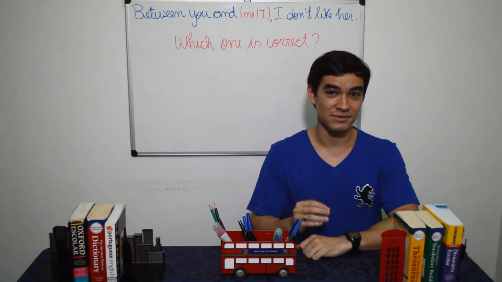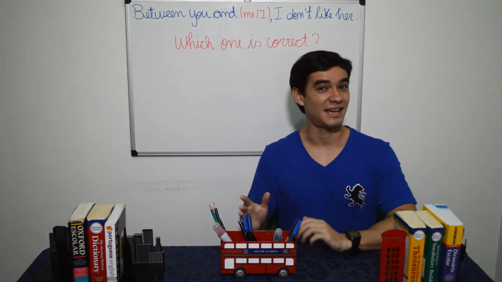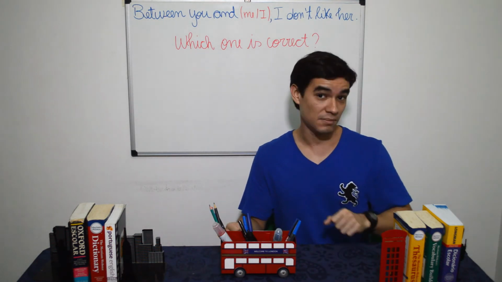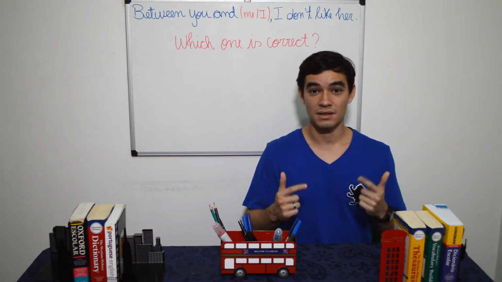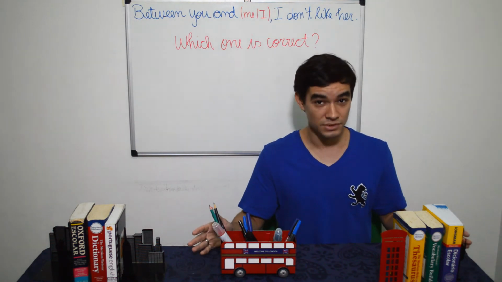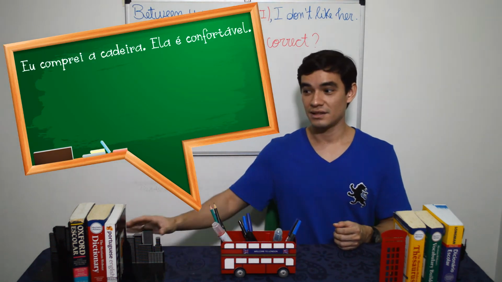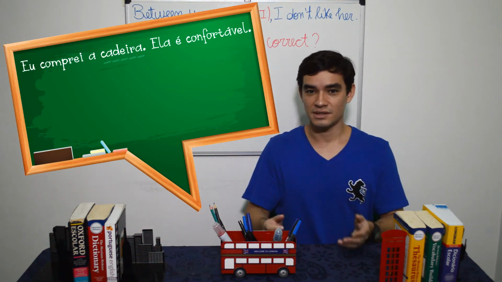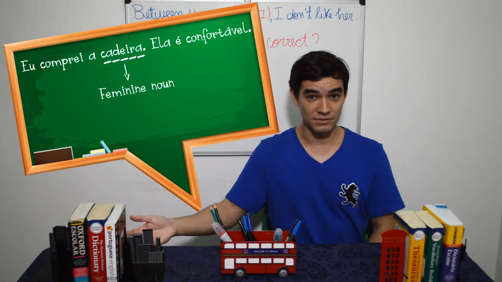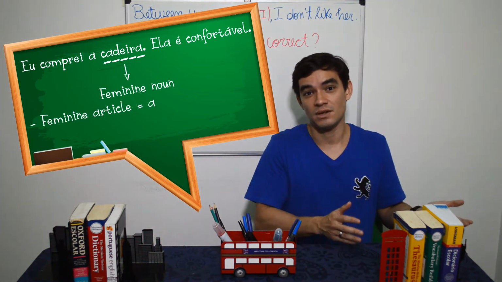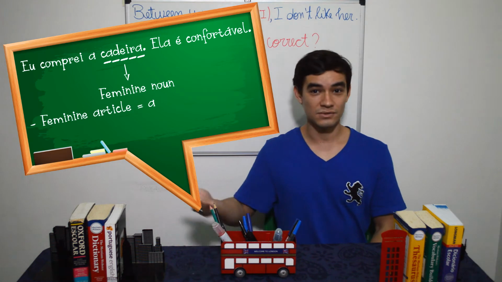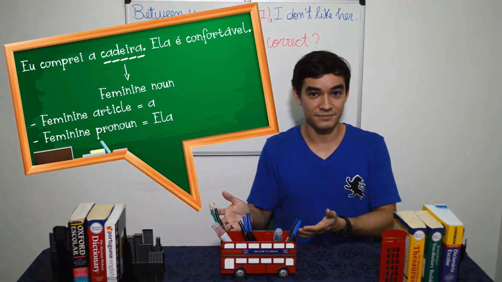The main issue is that everything in Portuguese has a gender, not just the people. Animals, plants, and things also have a gender in Portuguese. We say, eu comprei a cadeira, ela é confortável, because cadeira is a feminine noun, so it needs the feminine article a, and we use the feminine pronoun ela.